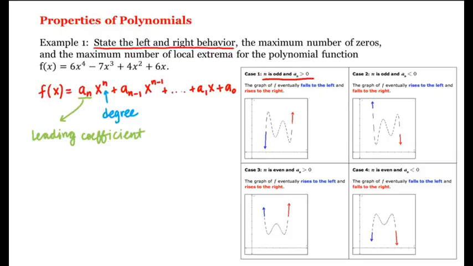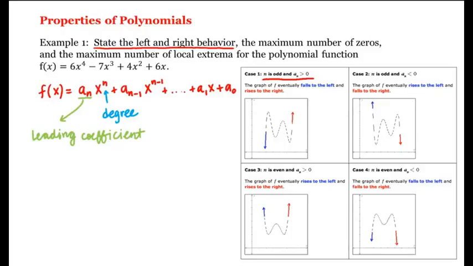And this should make sense to you, because as x goes to positive infinity or negative infinity, the leading term a sub n x^n will dominate all the other terms combined. So if n is odd and x goes to infinity, then x^n will also go to infinity. And because a sub n is greater than 0, then the graph will eventually rise without bound as x goes to infinity.